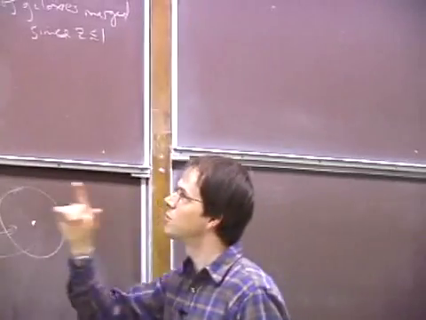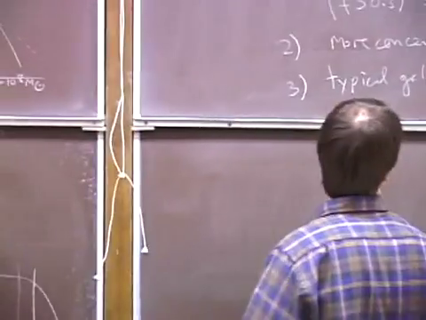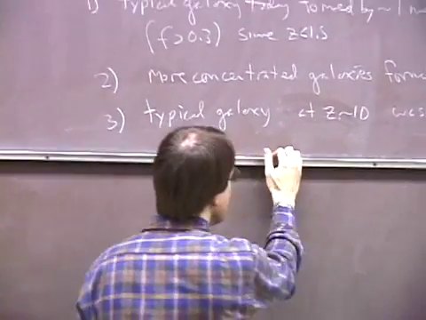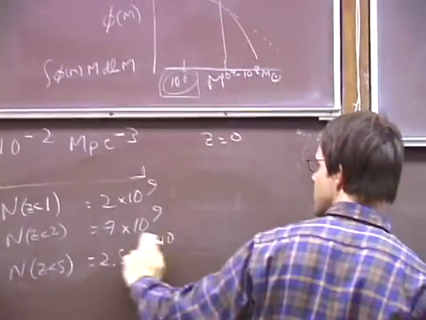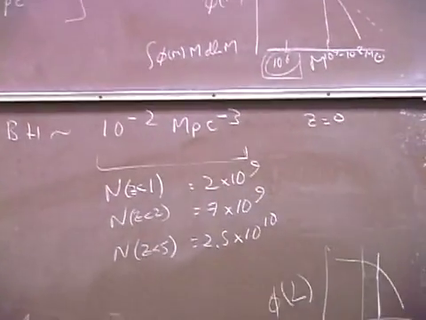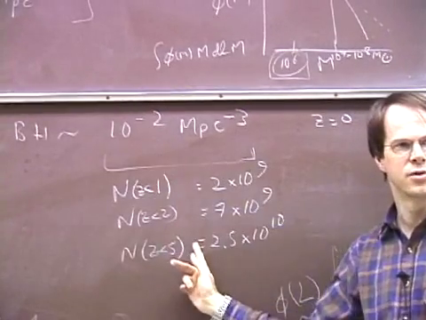And now, remember, the typical galaxy to a redshift of 10 that we can see out to distances containing 10 to the 6 solar mass black holes, many 10 to the 10 final merged galaxies.